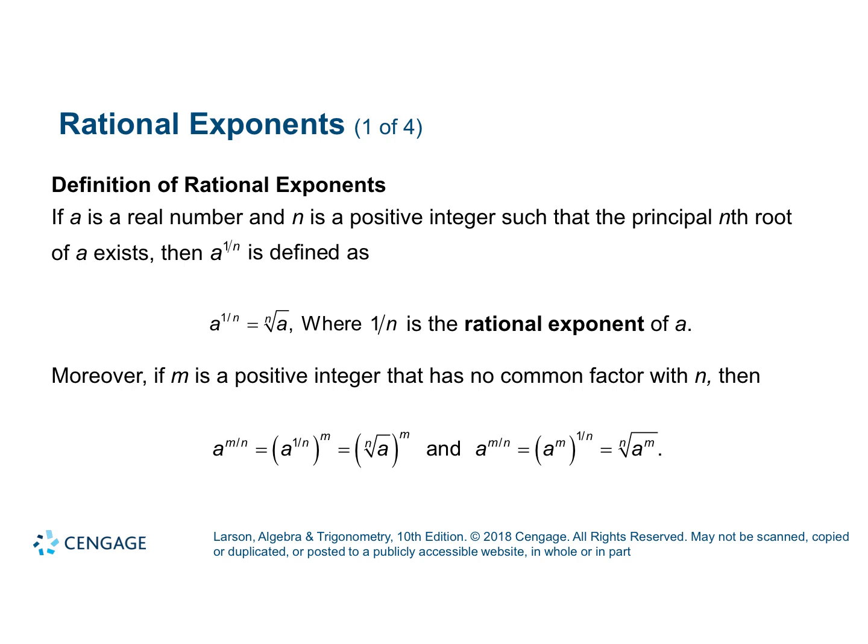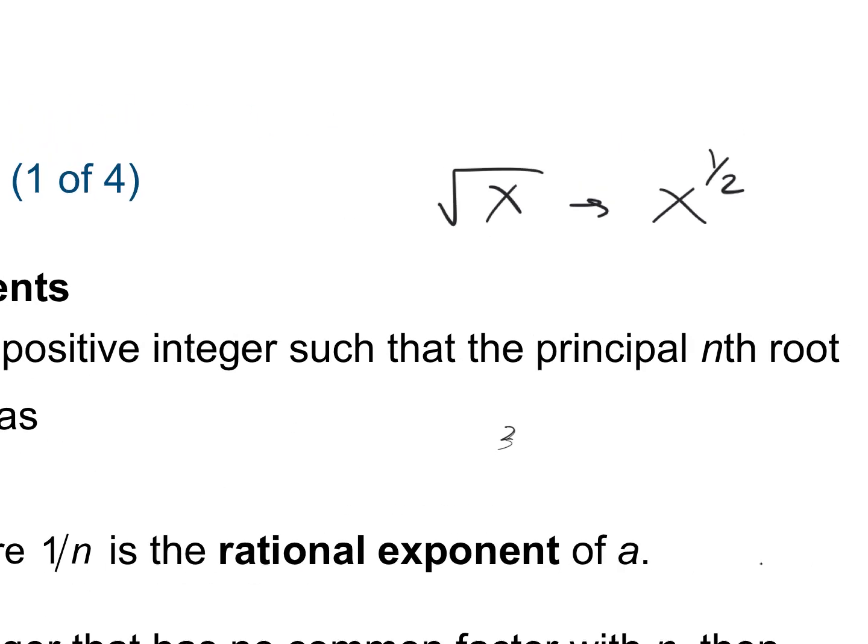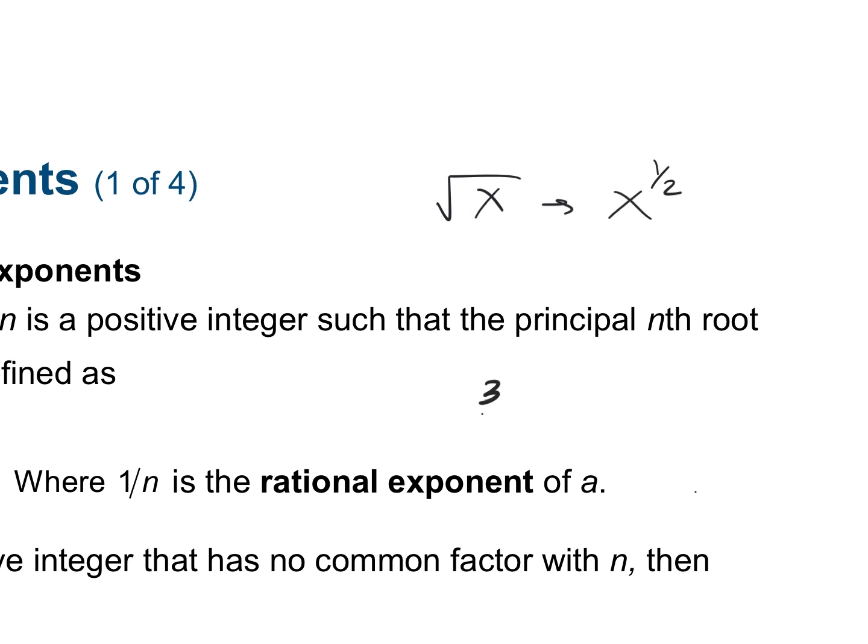Now I've talked about this throughout the lesson, giving you guys examples when we switch them. If you have the square root of x, you can write it as x to the 1/2, because the square root is always based on 2's. If you have the cube root of x, it would also be x to the 1/3.